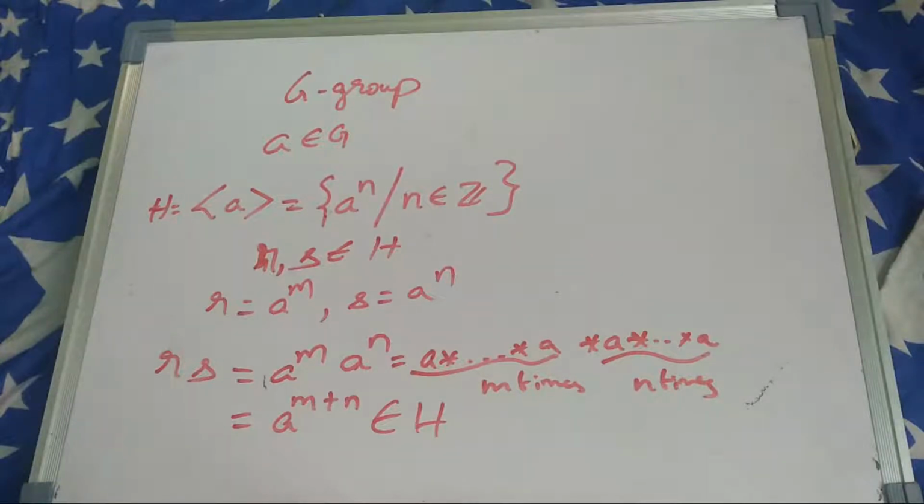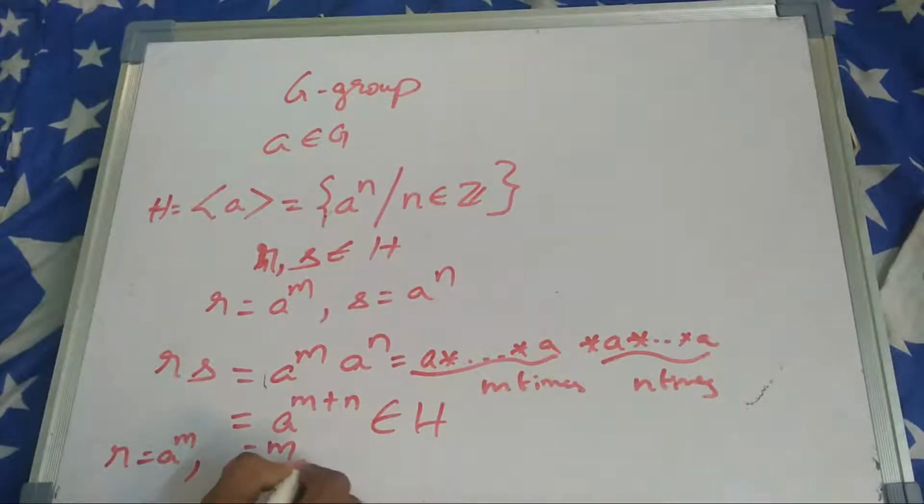So next it is enough to show the inverse axiom to be true. So for the inverse axiom, what we do is, since r is equal to a power m, consider the element a power minus m. We don't know whether m is positive or negative. Still, consider the element a power minus m.